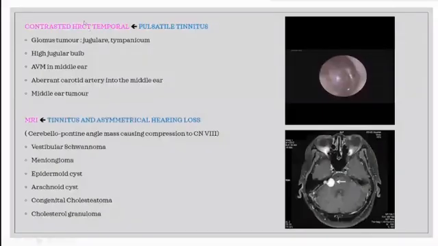Usually we do a CT scan first and then MRI, because CT scan is more readily available and you can do it very quickly. MRI usually has a long queue. So most of the time we will subject the patient to CT scan first, and then subsequently, if needed, we will arrange for MRI.